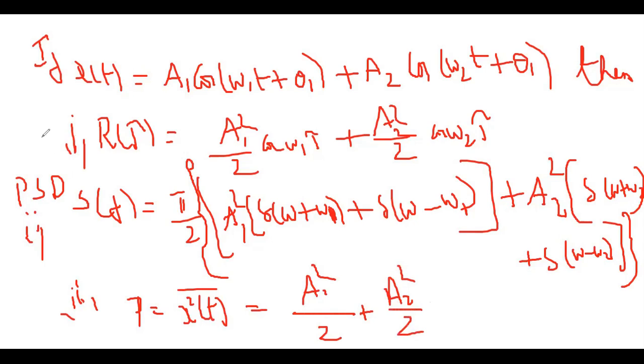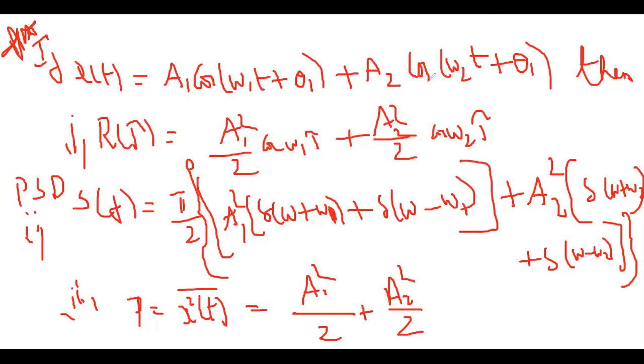So the third is a very important example. So definitely, if you are lucky fellows, you'll get it in the external examination also. See, this is the first one which we already did in yesterday's class, my dear students. I take x of t as a1 cos omega 1 t plus theta 1, r of tau you can get as a1 square cos omega 1 tau by 2.